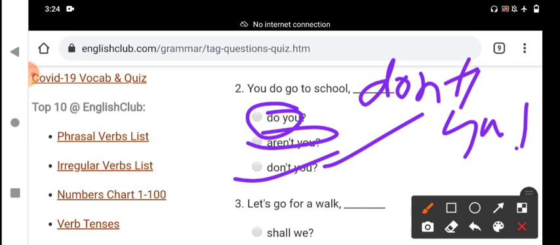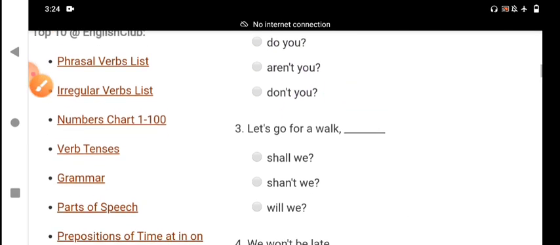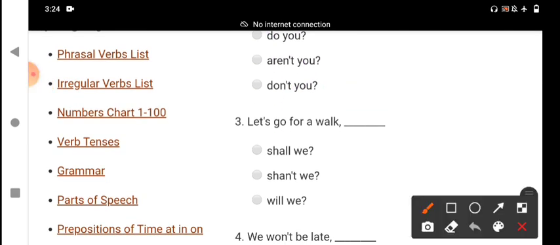The third question: let's go for a walk. It is a contracted form of "let us".